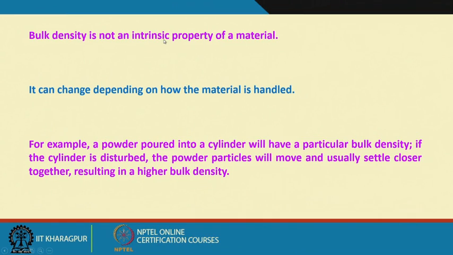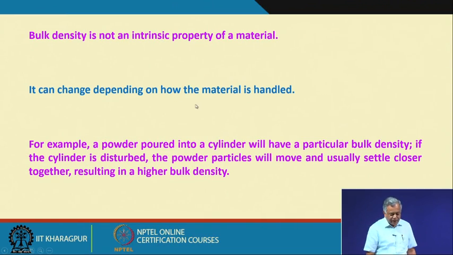If you have not allowed it to rearrange, I may be able to pour maybe 500 grams of sugar, but if I optimize that, I can have 600 grams. In both cases the bulk density will be different, and that is why I am saying that bulk density is not an intrinsic property of a material; it changes depending on how the material is handled.